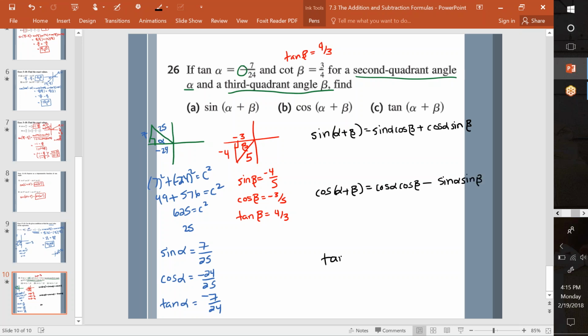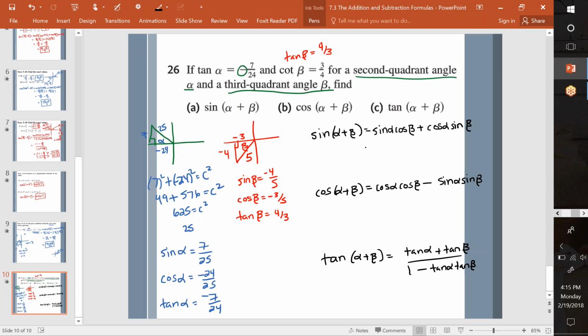And then the tangent of alpha plus beta is tan alpha plus tan beta, just exactly as you would think on top, one of each with the same sign, over 1 minus tan alpha tan beta, because you change the sign on the bottom and you multiply and subtract from 1.